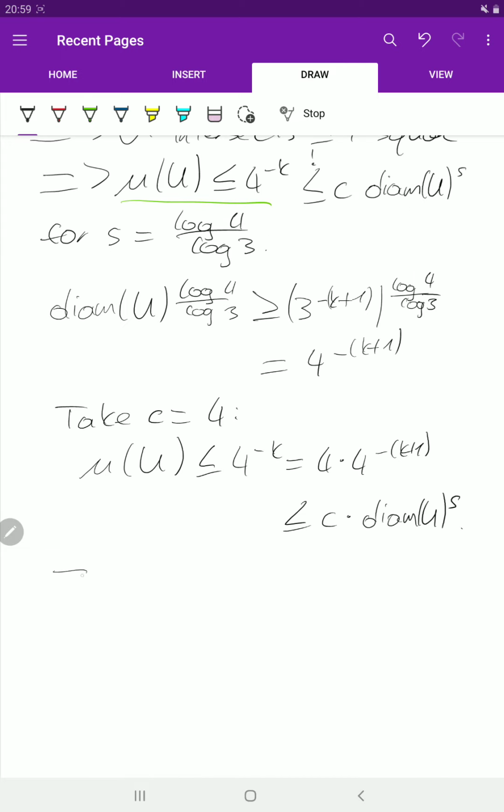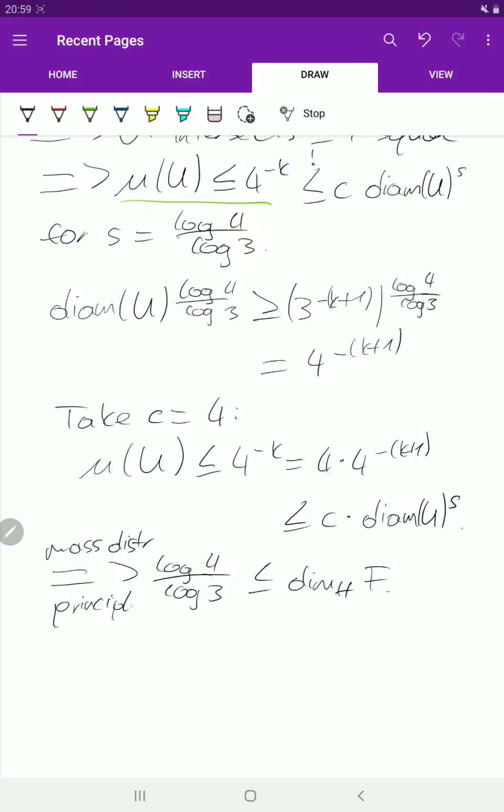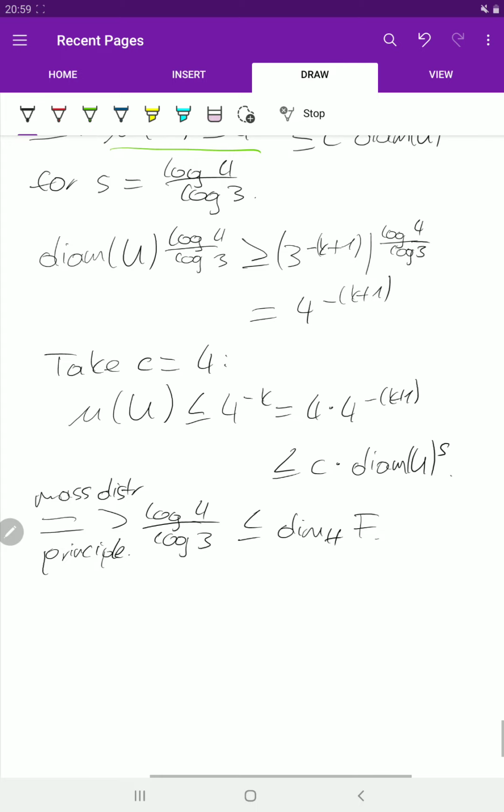So what we get here is that log 4 over log 3 is at most the Hausdorff dimension of F by the mass distribution principle. Okay, and that's the lower bound. That's what we wanted to prove.